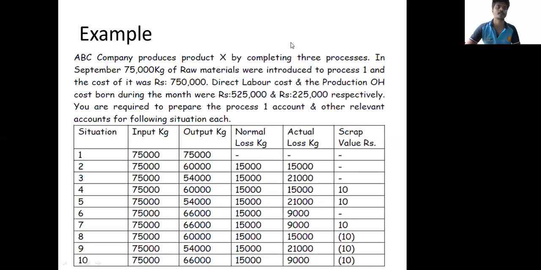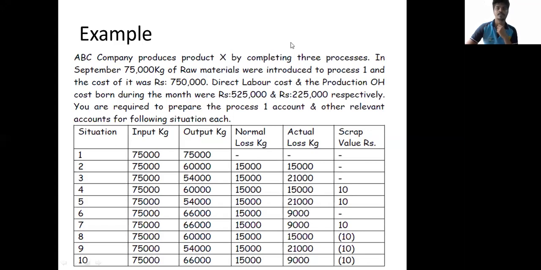Okay, let's see. ABC company produces product X by completing 3 processes. In September, 75,000 kilograms were introduced to process 1, and the cost of it was rupees 750,000.